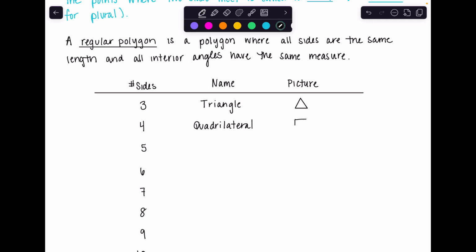But again, the best example we have of that is going to be a rectangle. And we will talk about special types of quadrilaterals as well. A 5-sided figure is a pentagon. And these are exactly what I just drew above. So that's 1, 2, 3, 4, 5 sides.